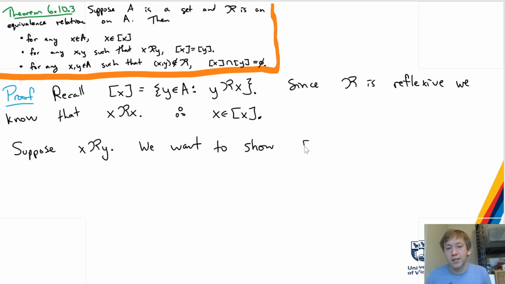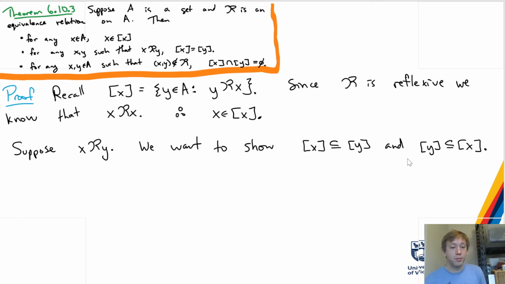So to show that the two sets are equal, what we can do is show that the equivalence class of x is a subset of the equivalence class of y, and the equivalence class of y is a subset of the equivalence class of x.